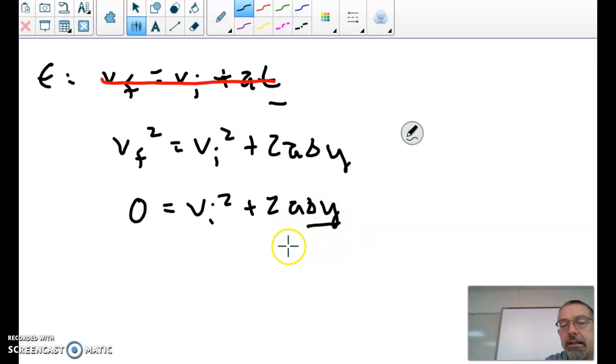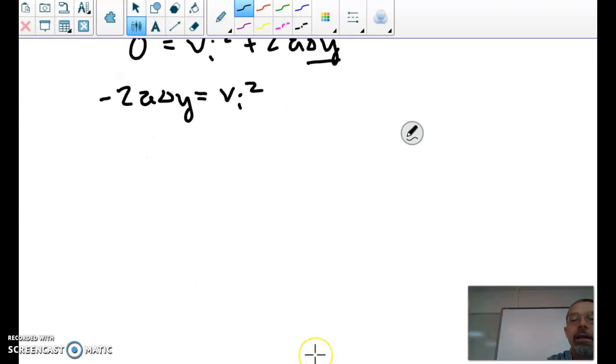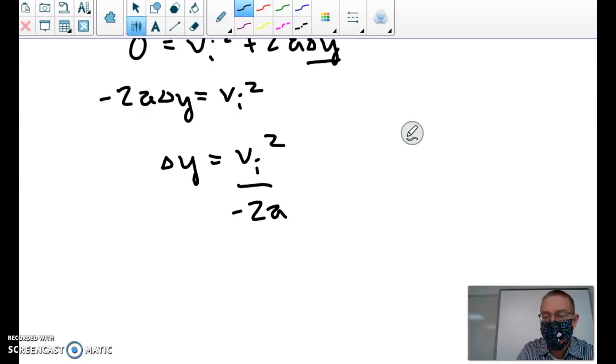So I'm going to try to isolate that. I'm going to say that negative 2A delta y equals VI squared. And I'm going to keep riding down the primrose path here. I'm going to say that delta y equals VI squared divided by negative 2A. So that is going to be the equation that I'm going to work with.